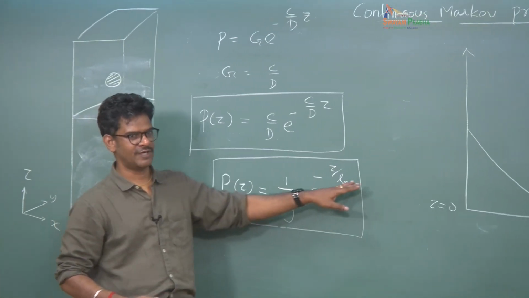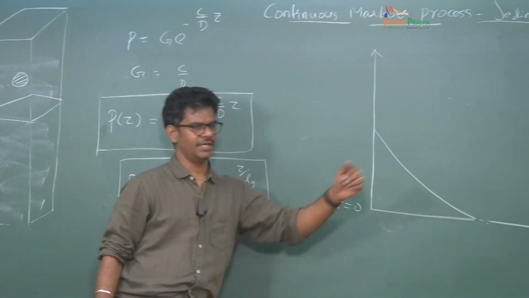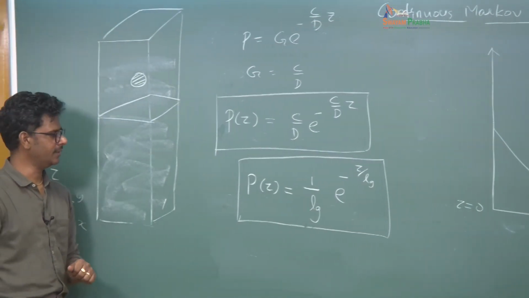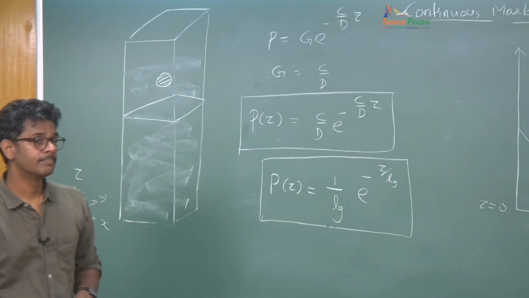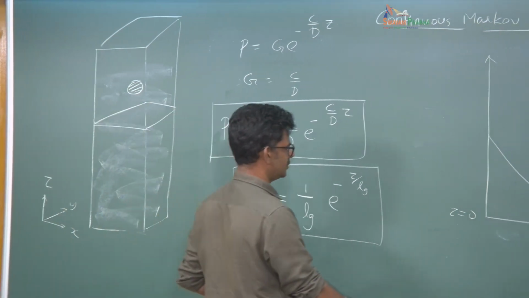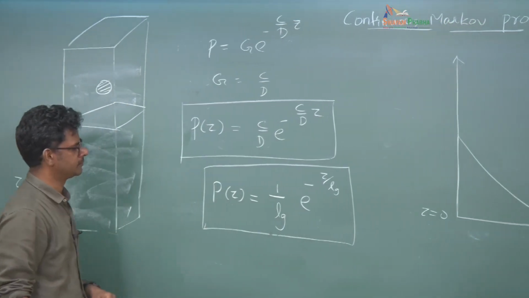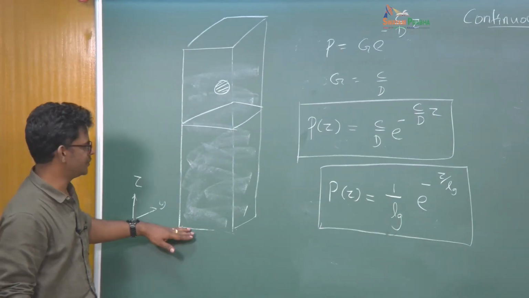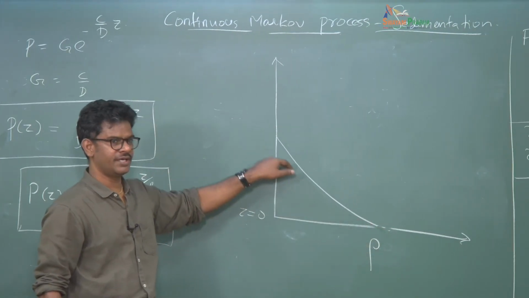So depending upon the value of Lg, you will have either this kind of decaying function. So this is basically concentration. This is rho. When Z equals 0, it has a maximum value, and then it decays.